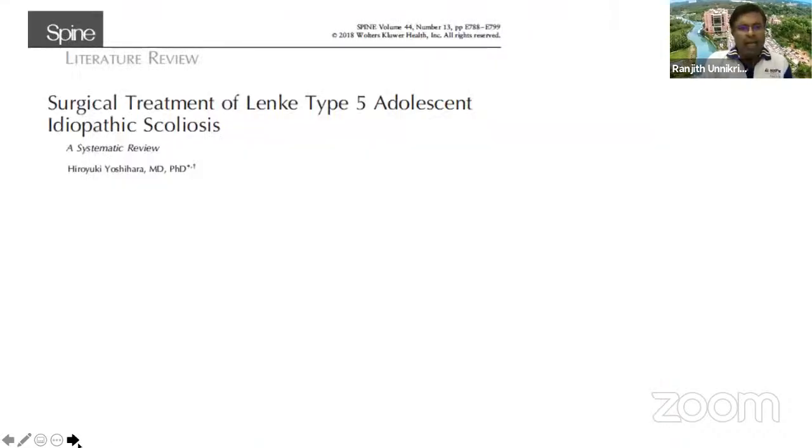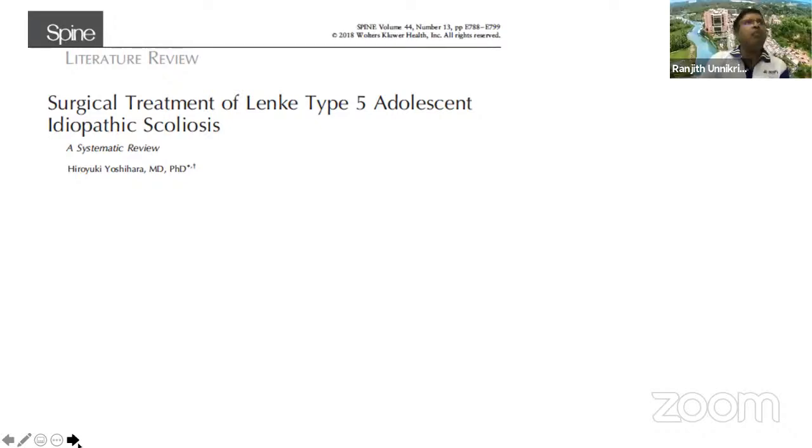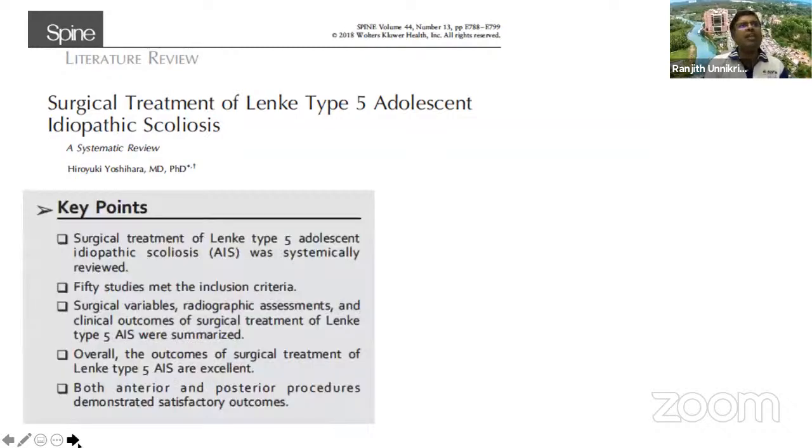I would like you to look at this review published in 2019 in Spine Journal, where 50 papers were reviewed on Lenke type 5 between anterior and posterior. The outcome was that the anterior and posterior both demonstrated very similar satisfactory outcomes.